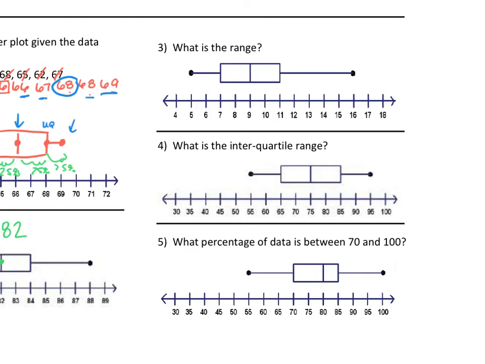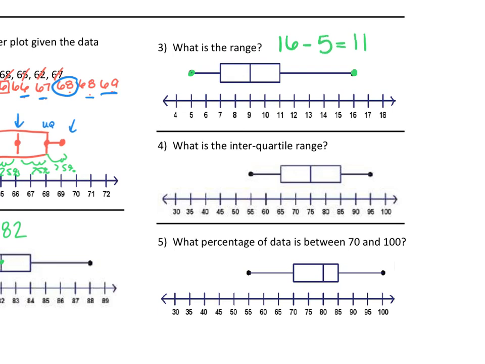So it's going to be 16, because this is my largest, minus 5, which is my smallest, which is 11. Do you see that? My biggest number, which is right here, by my smallest number, which is right here. That gives me my range right there.